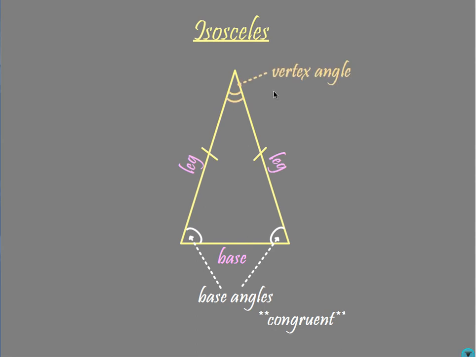And that top angle, which, by the way, if this is turned, won't always be on top, right? It's called the vertex angle. Notice that it's formed by the 2 congruent legs. So I have a base, 2 legs, a vertex angle, and 2 base angles, all part of an isosceles triangle.